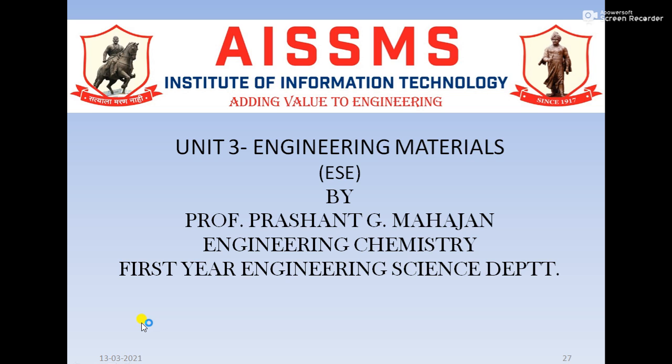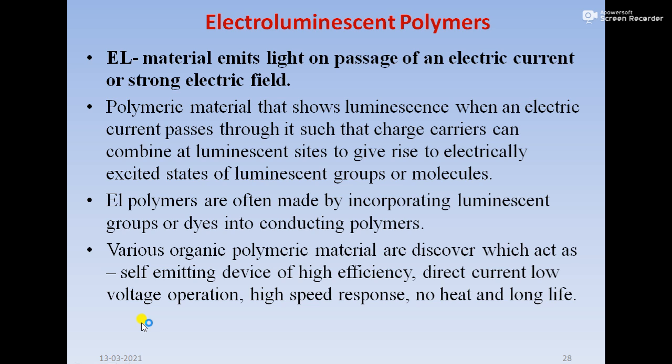So what is electroluminescence? Electroluminescence means it is the generation or the flash of light due to recombination of the positively charged holes and negatively charged electrons.